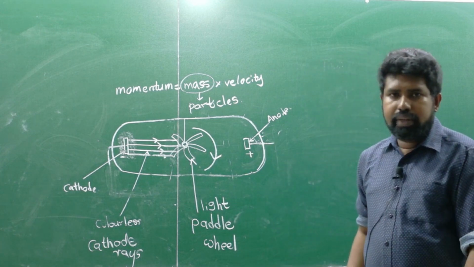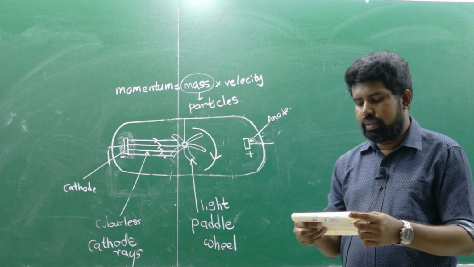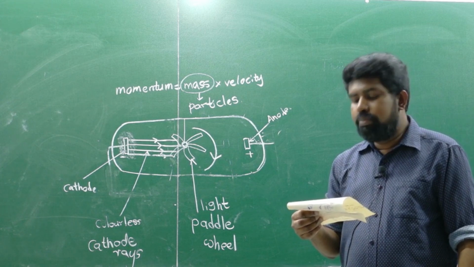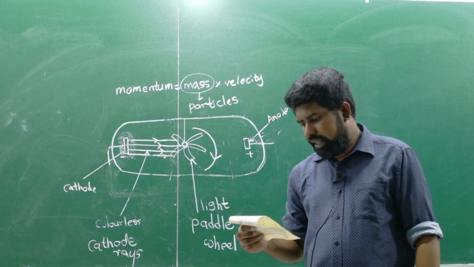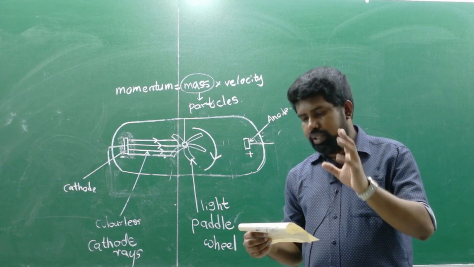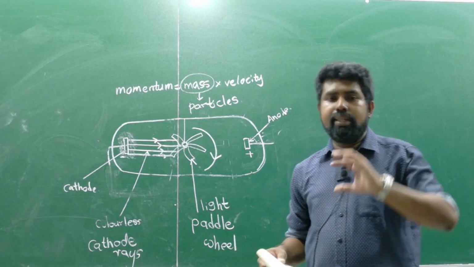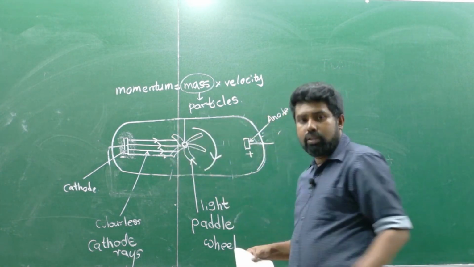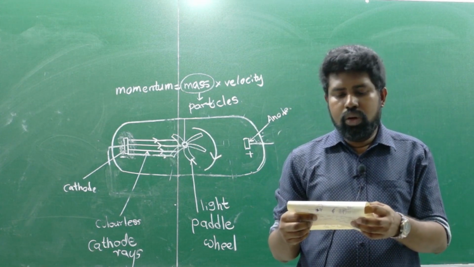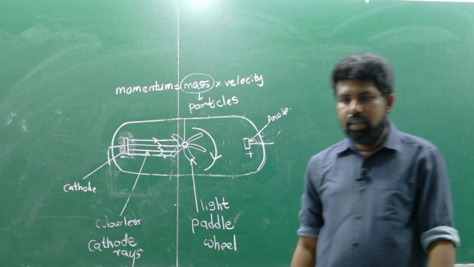In the path of cathode rays, the paddle wheel is set in motion, or rotates, showing that they possess momentum.